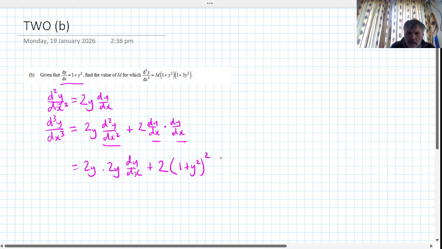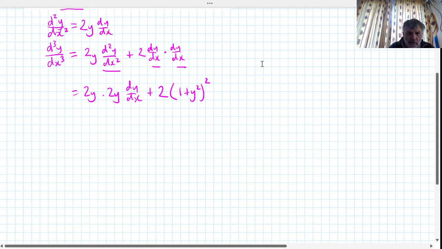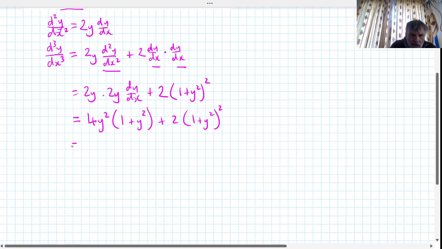I could have put that in here as well, but I thought I'd do just one thing with each expression on each line. So this is 4y squared times 1 plus y squared plus 2 times 1 plus y squared. Now we've got common factor. This is a common factor, this is a common factor, and the 2 will be a common factor as well.